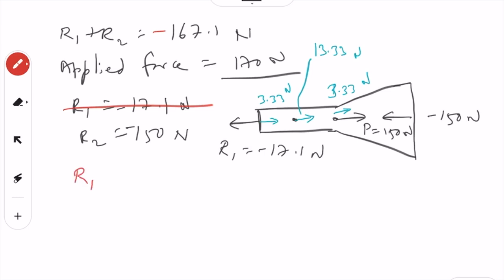If you calculate R1 from the new formula, it will be 20 Newton.